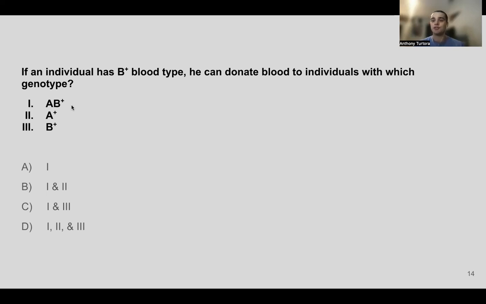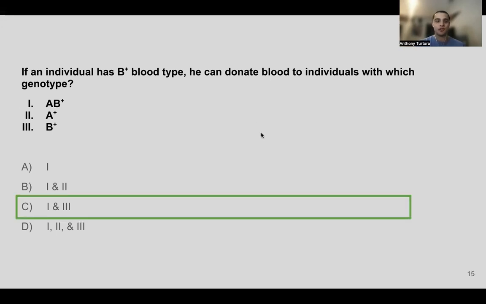This is an important thing to understand for the MCAT, and one reason we talked about it today is that this is an example of codominance. ABO blood type is an example of codominance, while the positive and negative part, the rhesus factor, is actually classically dominant. So therefore, our answer is going to be C. 1 and 3 is correct.